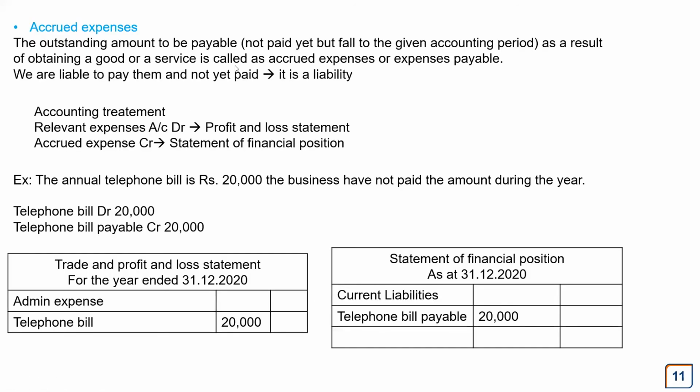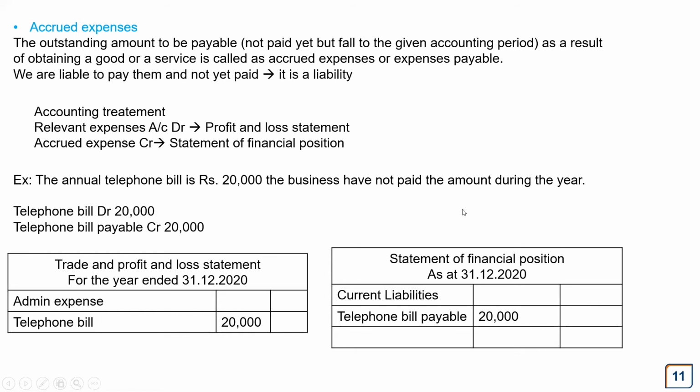So first we are going to discuss accrued expenses. That is, there's an amount outstanding which we have to pay in the accounting period, but we have not yet paid. Since we are liable to pay it, it is a liability to us. So when we do accounts, since we have not paid it, it's not credited to the cash account.